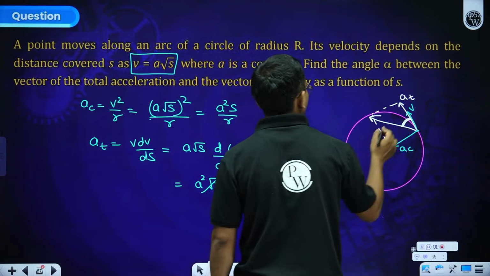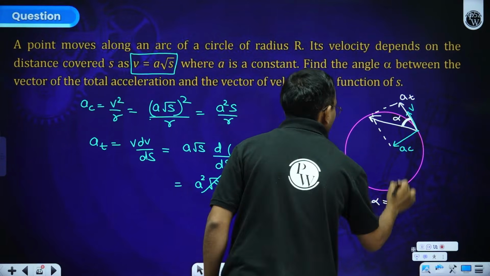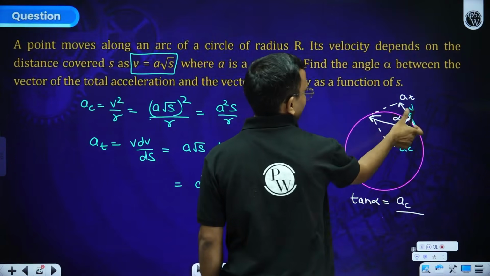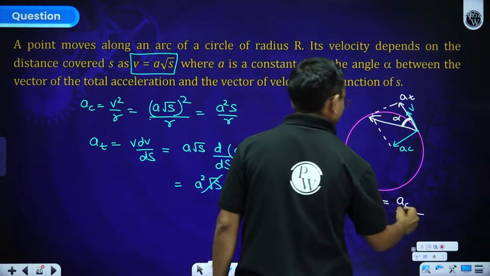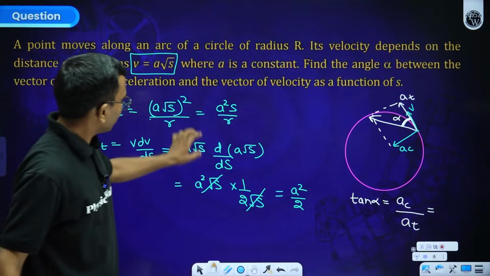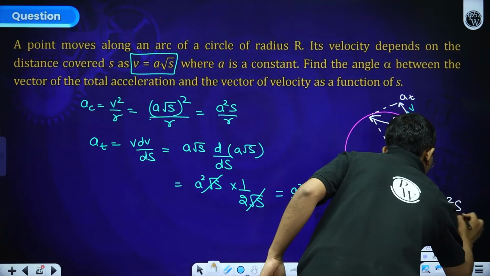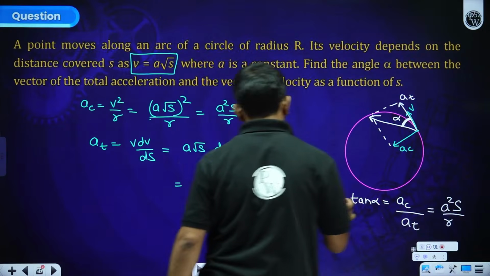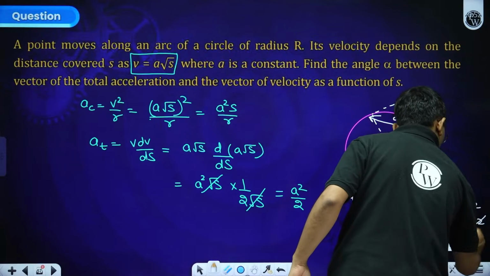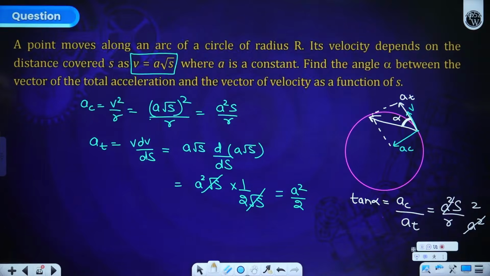Let us take that angle to be alpha. So I will say tan alpha is equal to perpendicular, that is my centripetal acceleration, divided by base. What is that? That is my tangential acceleration. A centripetal is A square s by R. Tangential is equal to A square by 2. It comes out to be 2s by R. This is how this angle alpha is changing.